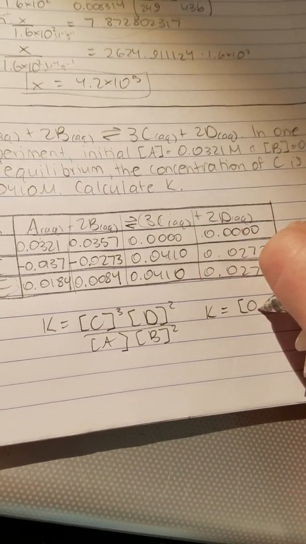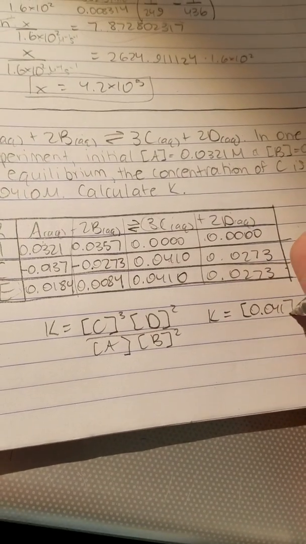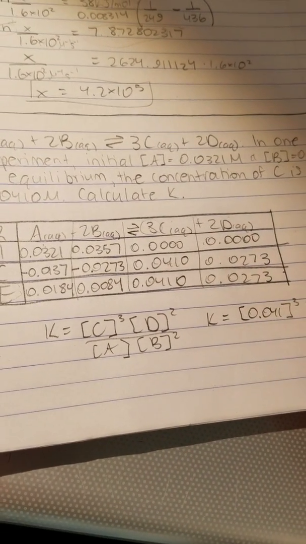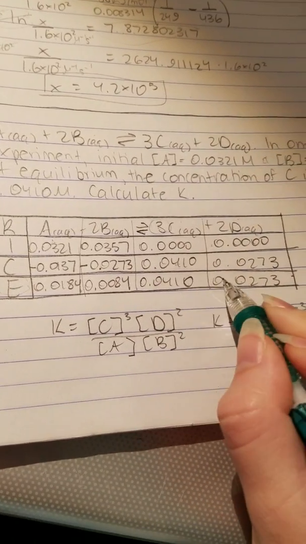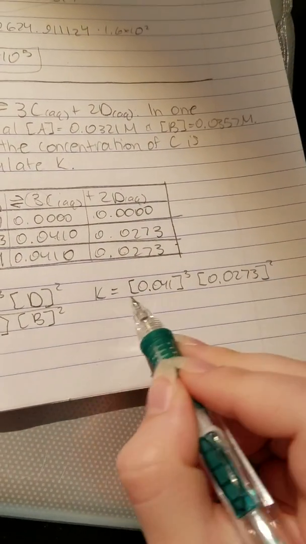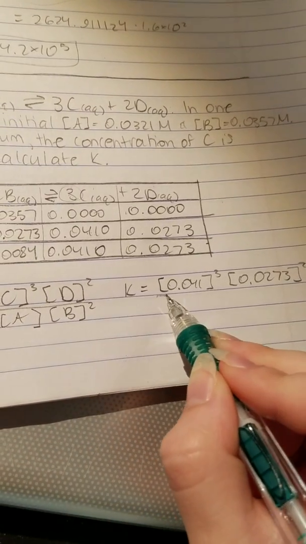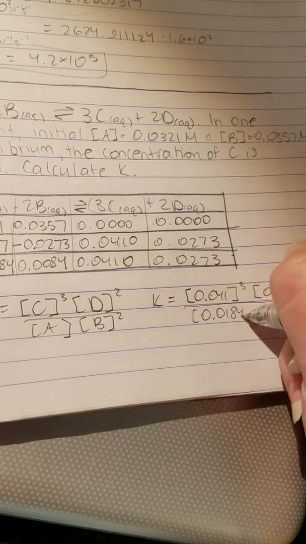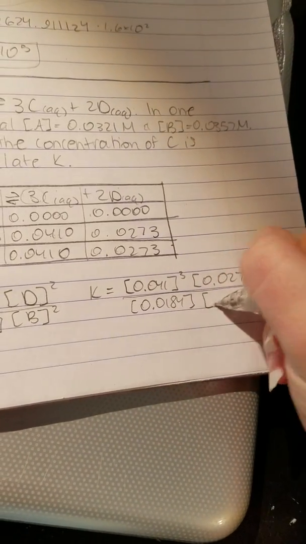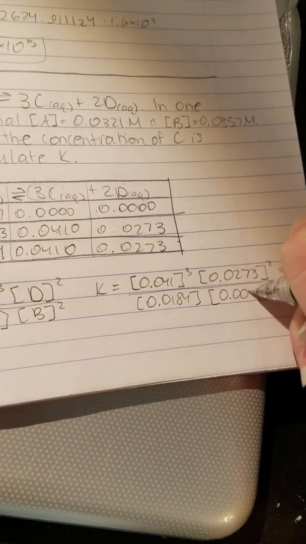So for C, you have 0.041 to the third power, 0.0273 to the second. I'm just grabbing these numbers from the table and putting them into the formula we just derived. A is just the number we got because it has no coefficient. And then B is squared.